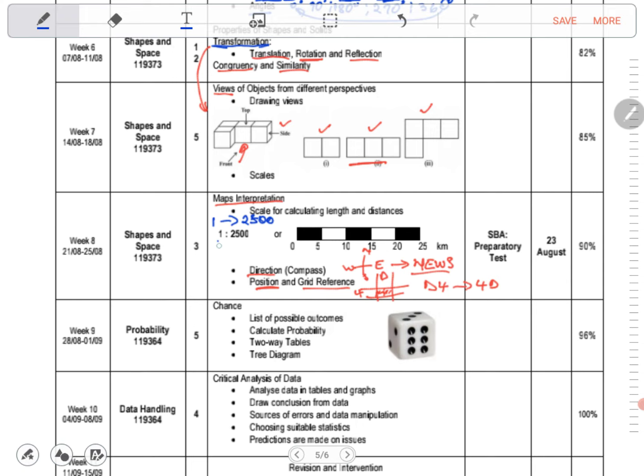For instance, if we measure a distance, or we measure a length of something on the map, and we see that this is 1 centimeter, it simply means that it will represent 2500 centimeters in reality. Okay, so that's what it means. And then we can have a bar scale, like this.